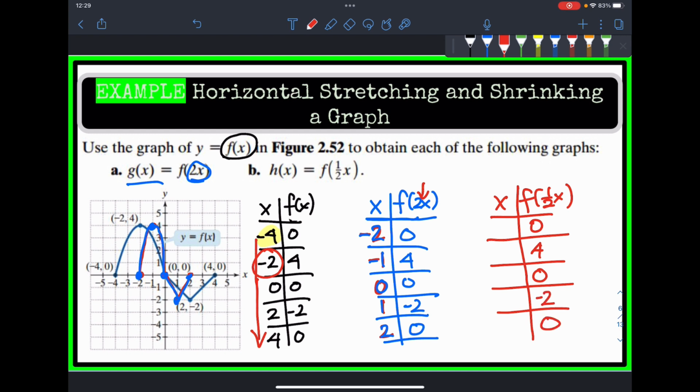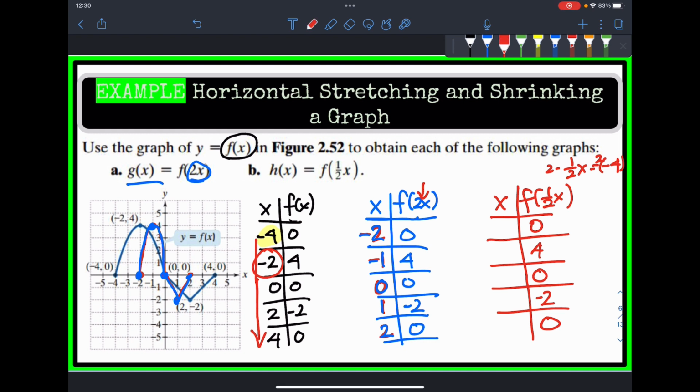Well, we know from the original parent function, in order to get the output value of 0, our x value had to be -4. So now multiplying x by 1/2 means we need 1/2 x to equal -4. Well, solving this equation multiplies both sides by 2, and we end up multiplying -4 by 2. Again, dividing -4 by 1/2, in other words.